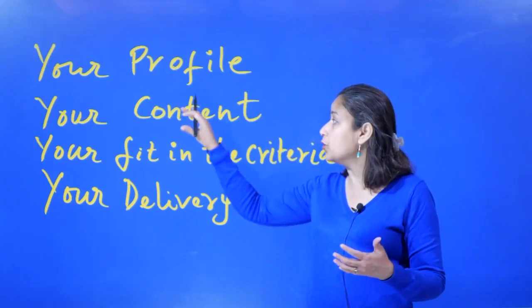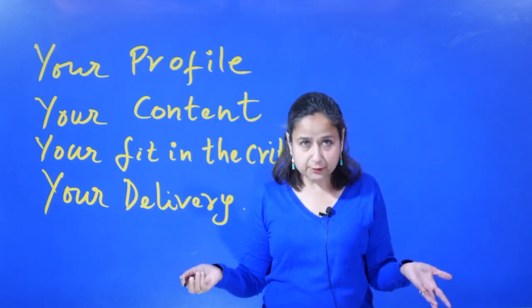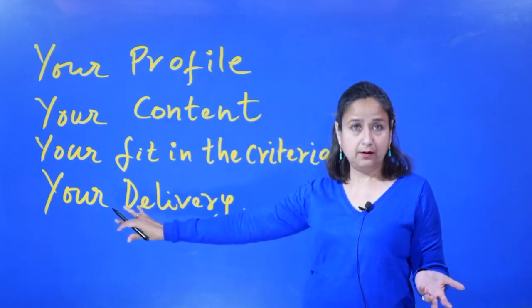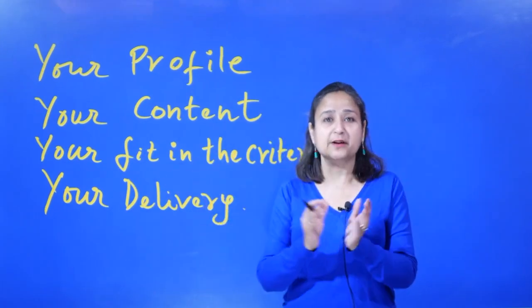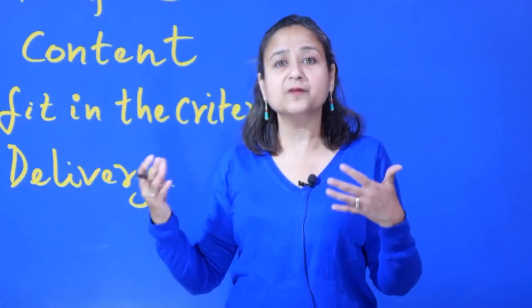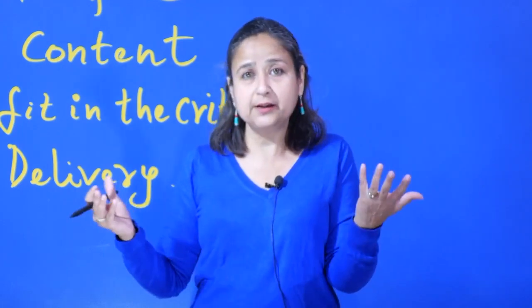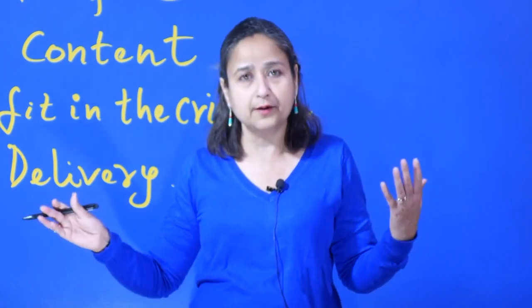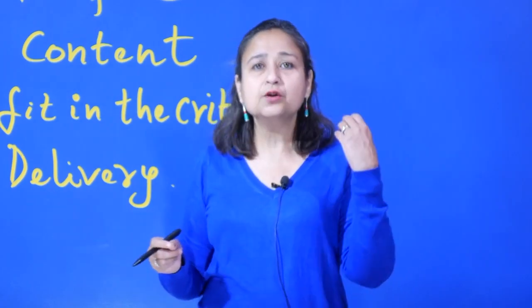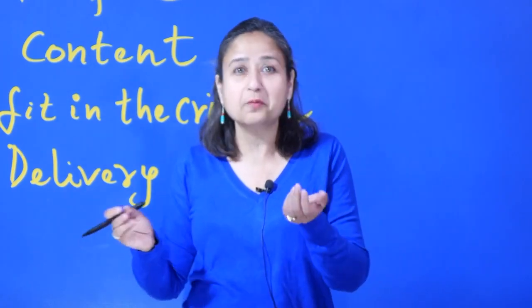Now we come to your content, what you are speaking, and your delivery. The next 2 important points: what you are speaking and how you are speaking. When we talk of content, say your interview is extremely short. If you've created long answers, you'll never be able to say what you wanted to talk about yourself.